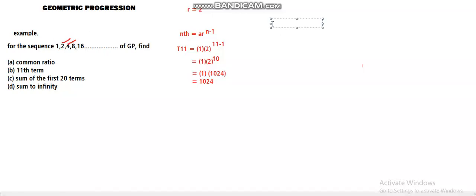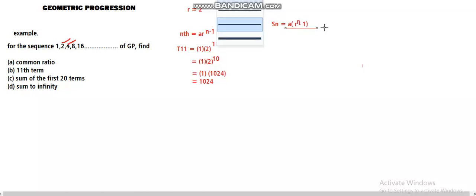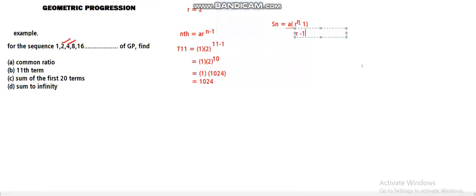The formula for the sum is Sn is equal to A, open bracket, R to the power n minus 1, close bracket, divided by R minus 1.